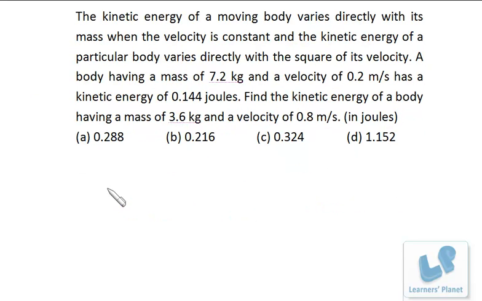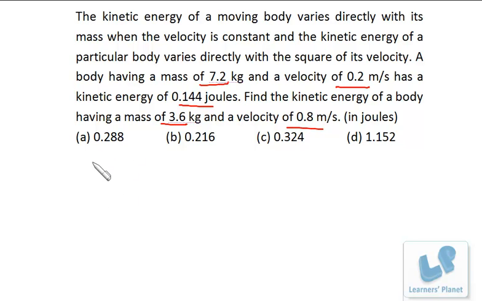Now, in this question, the kinetic energy of a moving body varies directly with its mass when the velocity is constant, and the kinetic energy of the body varies directly with the square of its velocity. We have to find out the kinetic energy when mass and velocity are given.